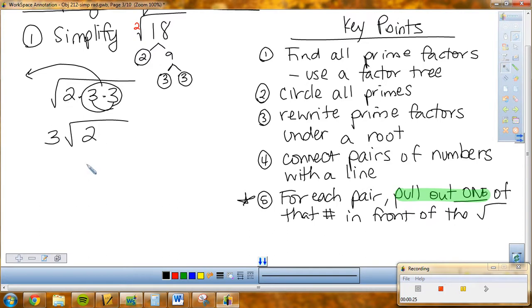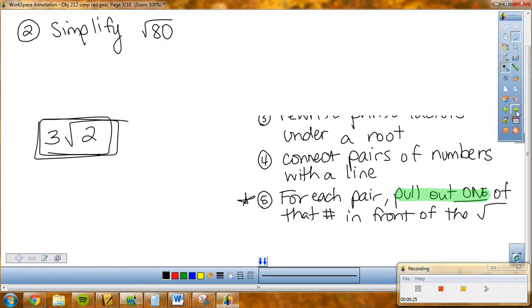So my 2 stays inside. And that is the square root of 18 simplified. All you have to do is break it down in a factor tree, find your pairs, and pull one of each pair out. So let's try another example.